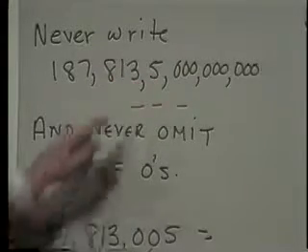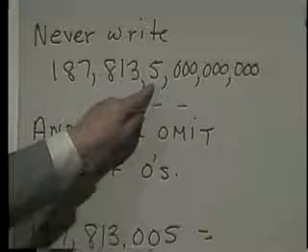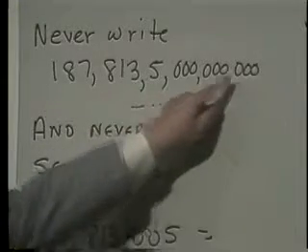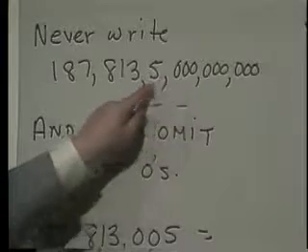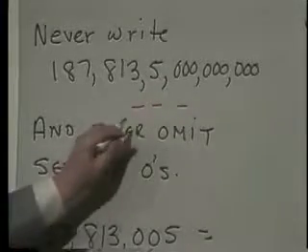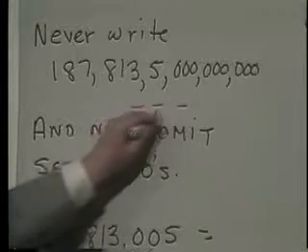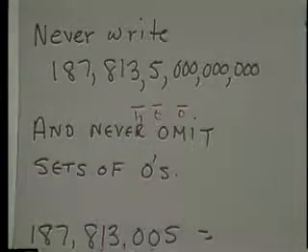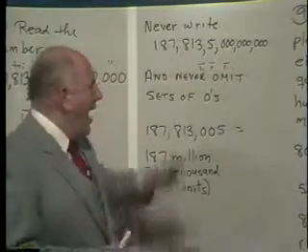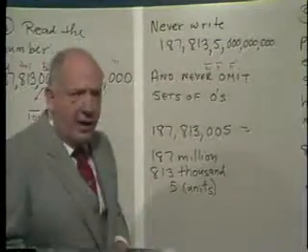By leaving out the placeholders, I have no way of knowing, even though I've located this to be, what place is this? Units, thousands, millions, billions. So even though this is the billions place, I don't know whether the 5 goes with the hundreds, with the tens, or with the ones. In other words, is this 5 billion, 50 billion, or 500 billion? I have to have those zeros in there as a placeholder.